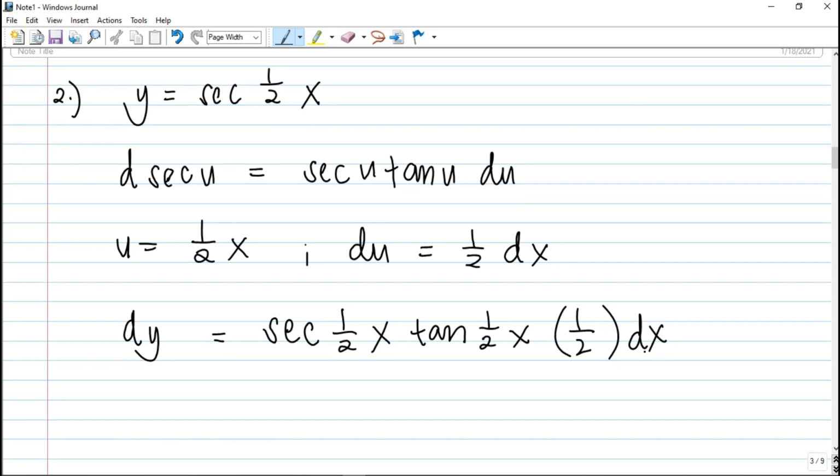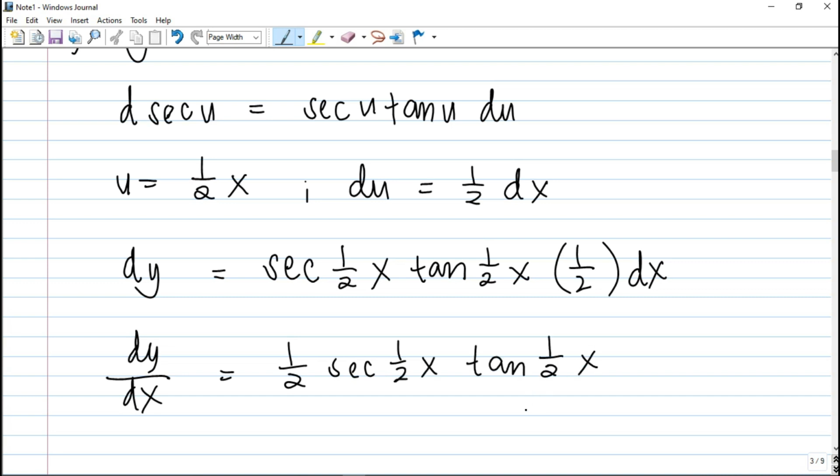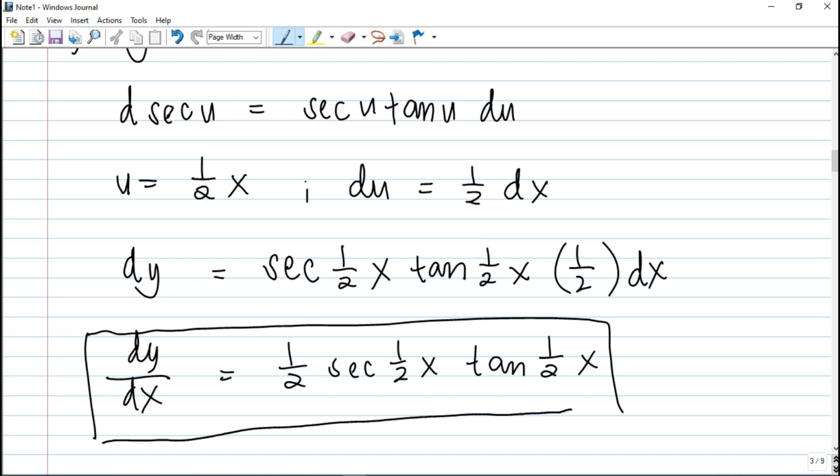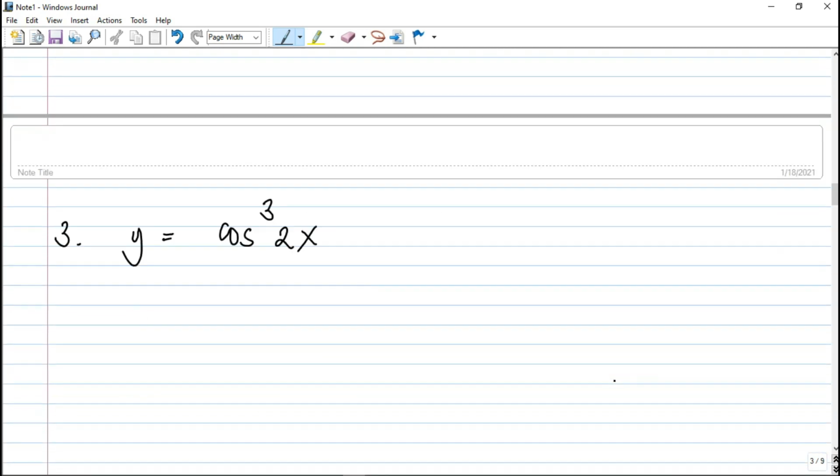We simplify it. The derivative of y with respect to x is equal to 1/2 secant 1/2 x tangent 1/2 x. Basically, this is the final answer. That's how we solve trigonometric functions. Let's proceed to the next problem.